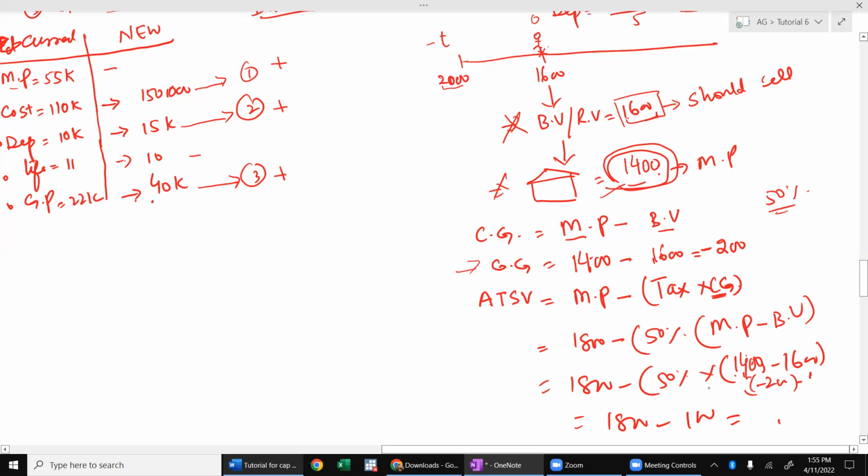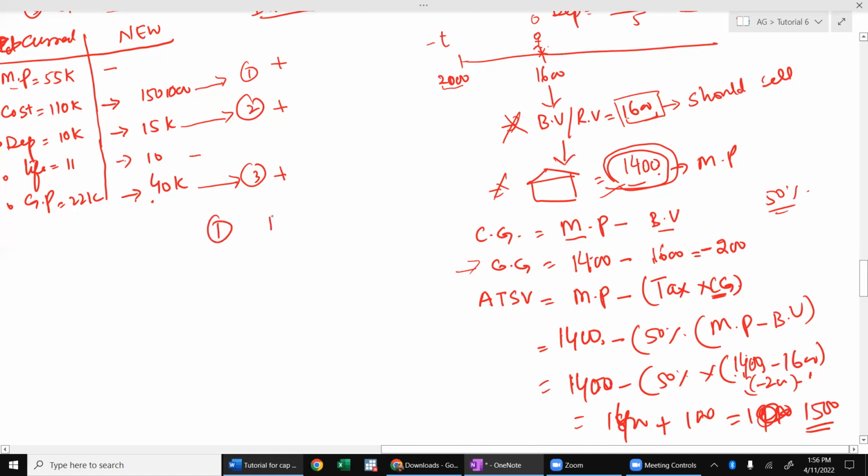So the negative, negative will be positive, and the answer will be equal to 1900. Not 1900, this will also change, okay? Because the market price is 1400, and 1400. So the answer will be equal to 1500 now. Okay. So this is situation number 2.